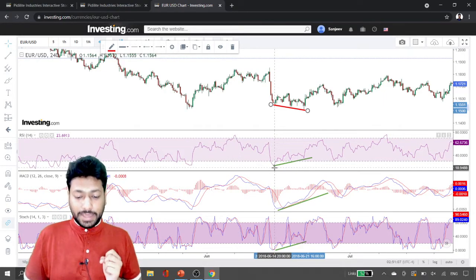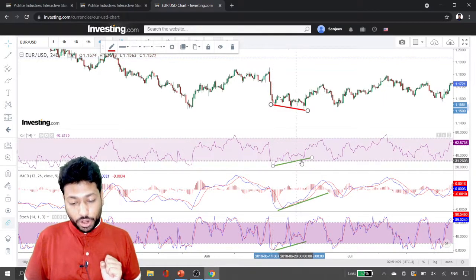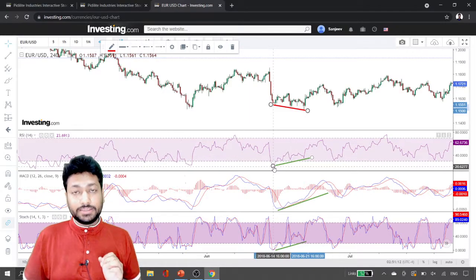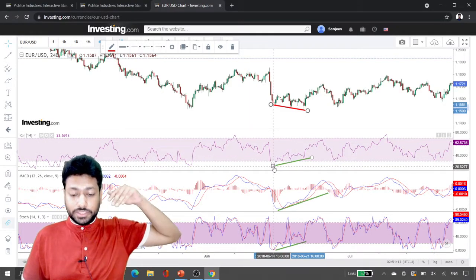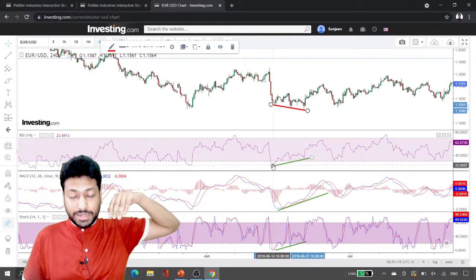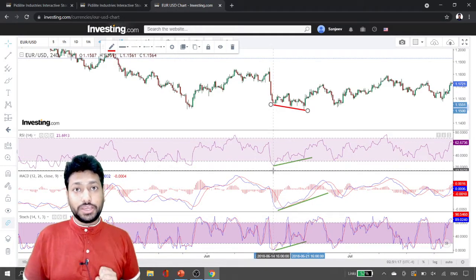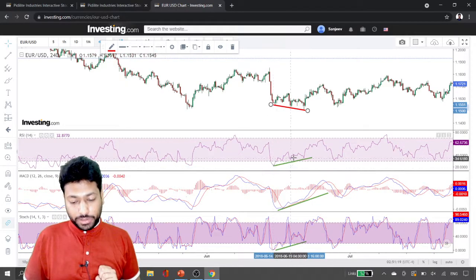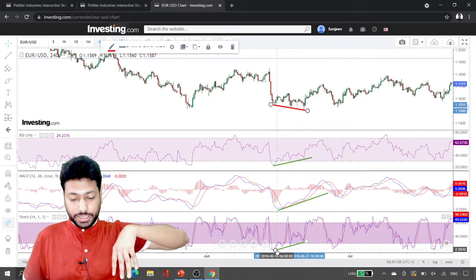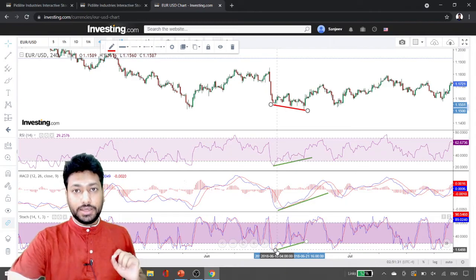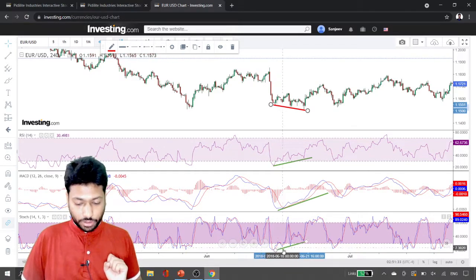You should draw your lines considering that the RSI indicator is showing a level below 30. Also, in the stochastic chart, your levels are 80 and 20. If the indicator is below 20, you should consider the stochastic signal.